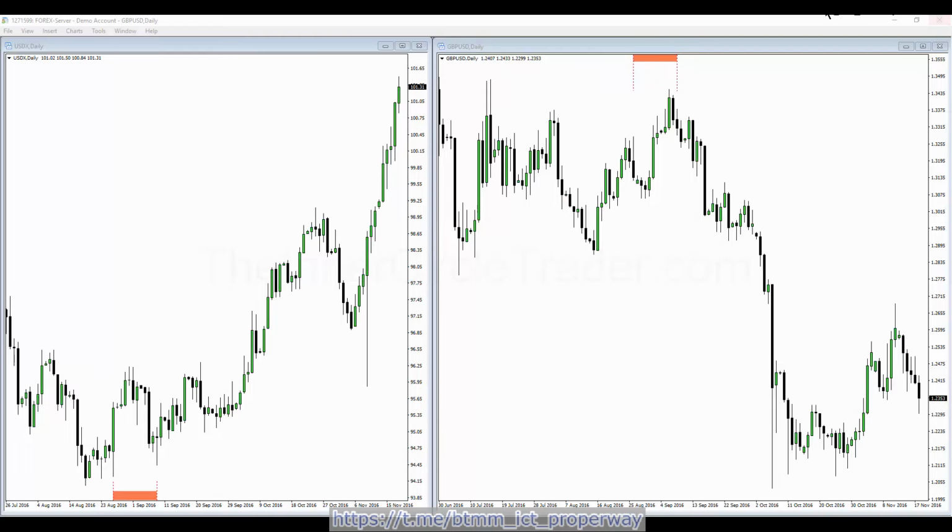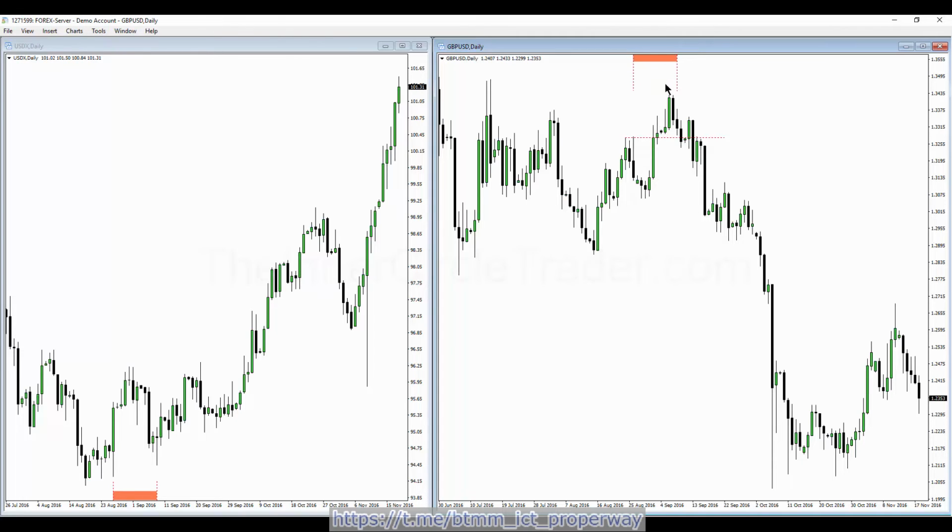And you can see that the cable made a higher high. Okay, so all indications here looked very bullish. Price was running through an old high here.